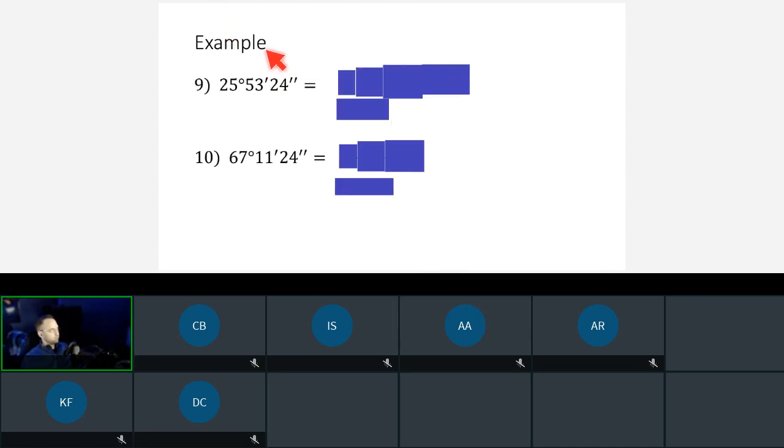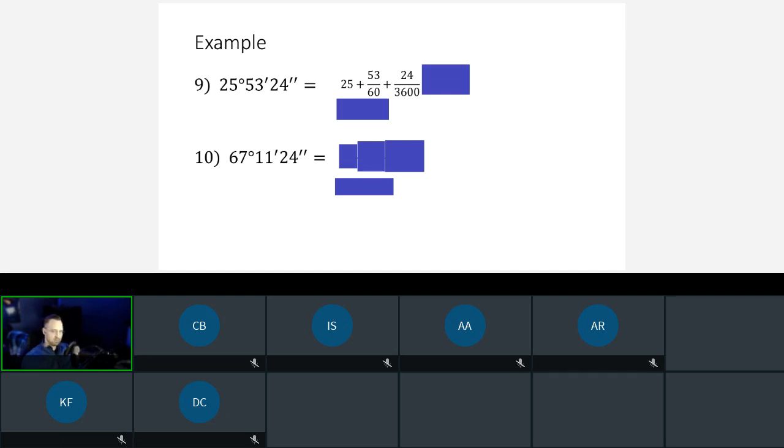First example here, we want to convert DMS into degree decimal. This is 25 degrees, 53 minutes, 24 seconds. We want to convert this to degree decimals. So we are going to have the 25, the whole number, plus the minutes divided by 60, plus the seconds divided by 3600.